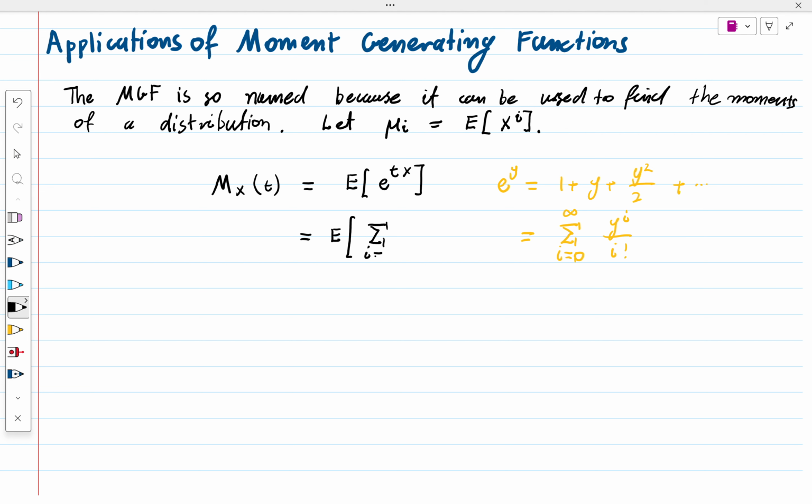So that would become the expected value of the sum from i equals 0 to infinity of, now instead of y to the power of i, tx to the power of i over i factorial. That is the expected value of the sum of t to the i x to the i over i factorial.